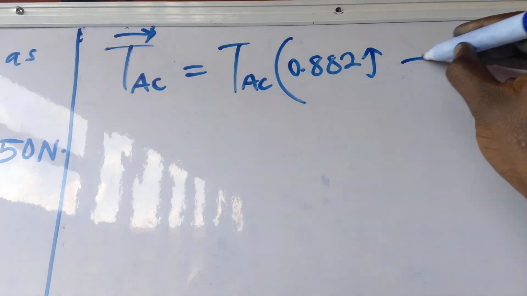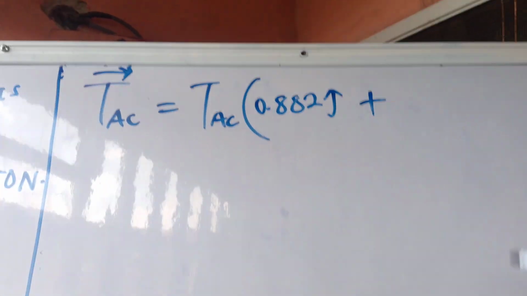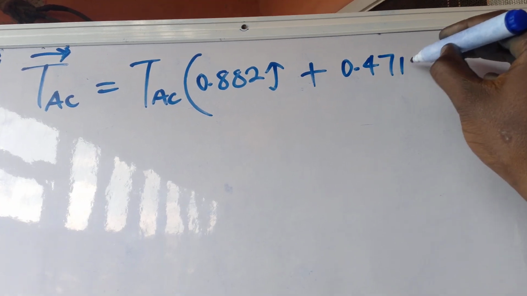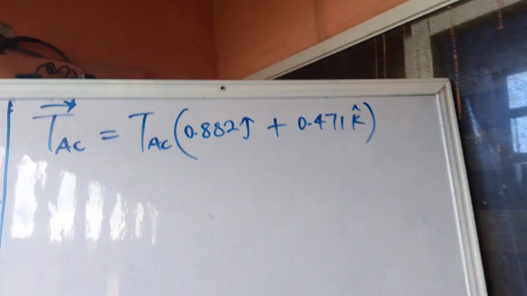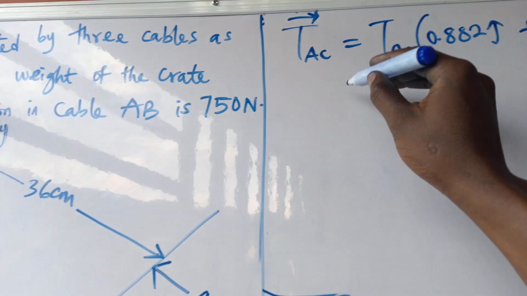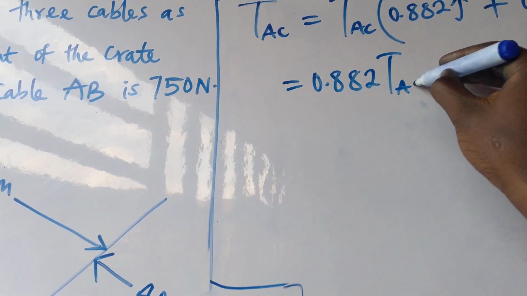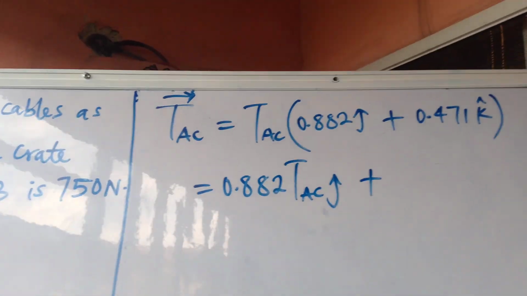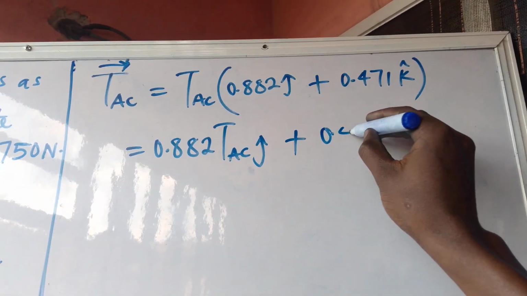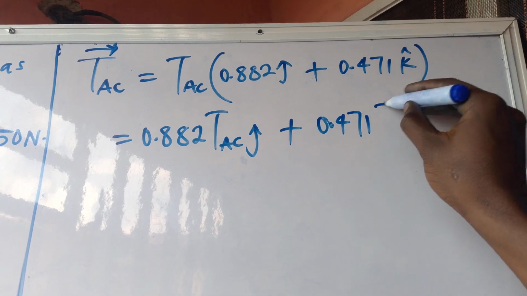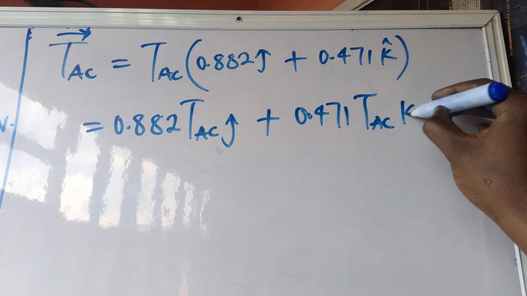0.882j plus 0.471k. So if I add them now, I have 0.882 TACj plus 0.471 TACk.